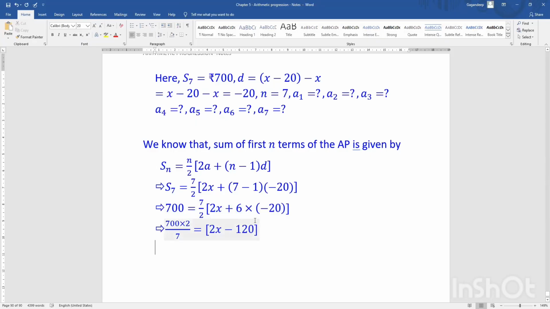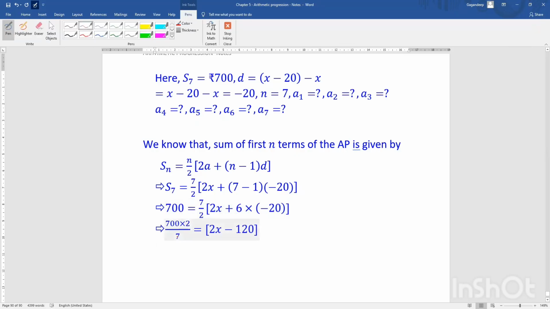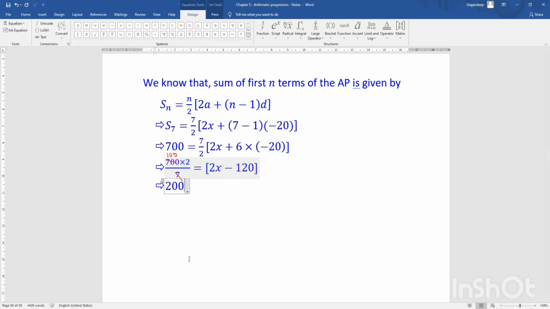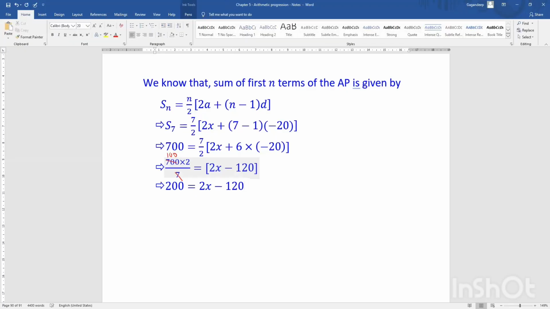So you can do the cancellation. Seven ones are 7, hundreds are 100, so we have 200 equals 2x minus 120.